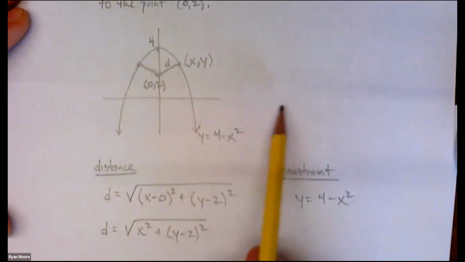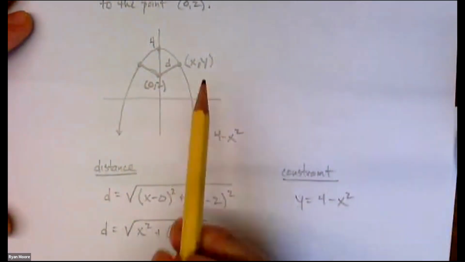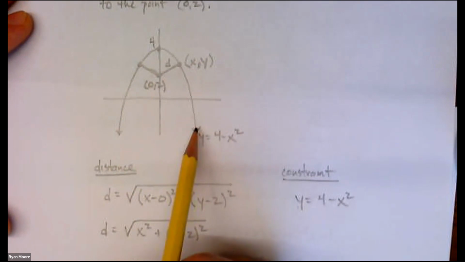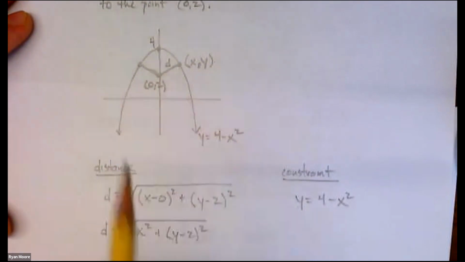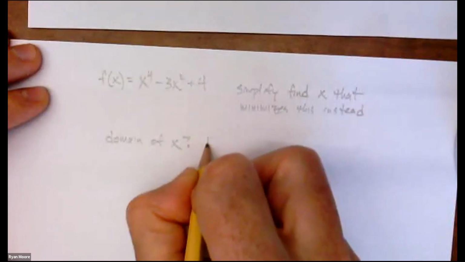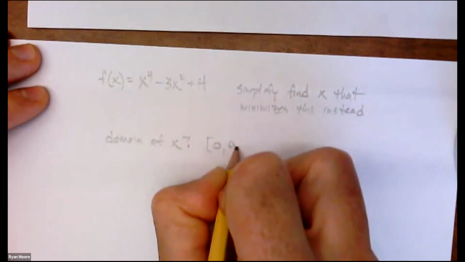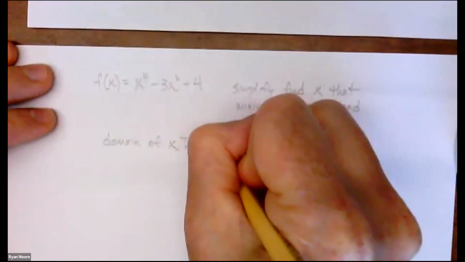This parabola extends infinitely far out. So obviously an infinite value of x is not going to minimize that distance, but there are points out there. So we're going to say from 0 to infinity, infinity with the parentheses. Okay.